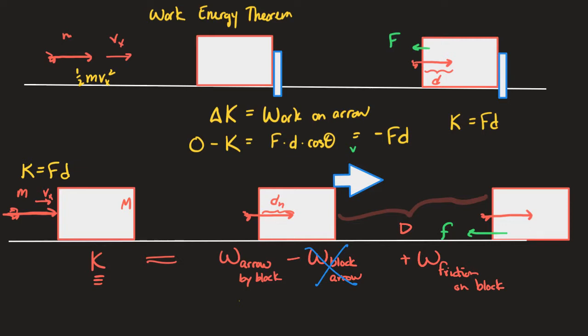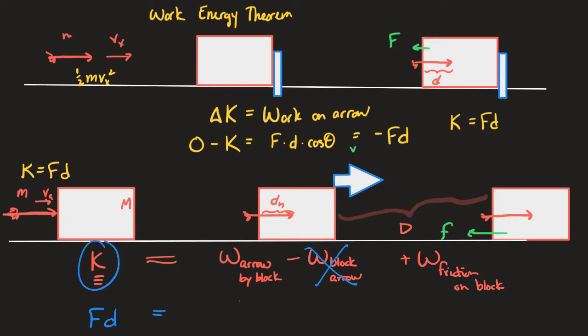Now, the problem with that, and this is a big problem for me, is the block didn't have a chance to move, but the arrow did. Doesn't make a lot of sense. That's not how physics works. The block would have moved to the right while being sped up. But they want us to ignore that. And that's how the problem is done. Because the kinetic energy of the arrow initially, we already know, is FD.